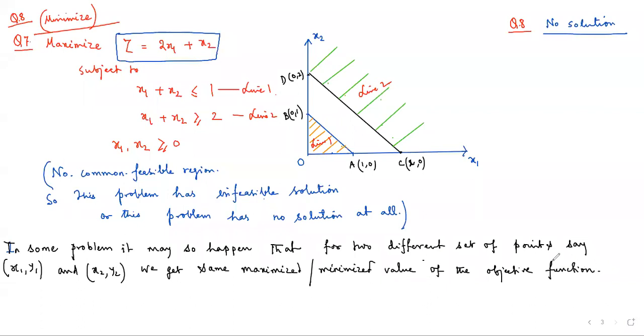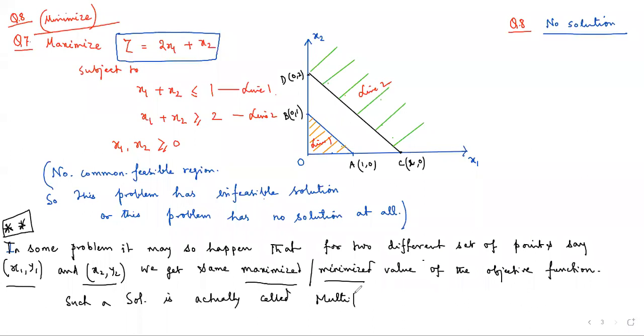We can get such a problem where you are getting two different corner points for which the same maximized value or same minimized value is coming. Such a solution is actually called multiple optimal solution.